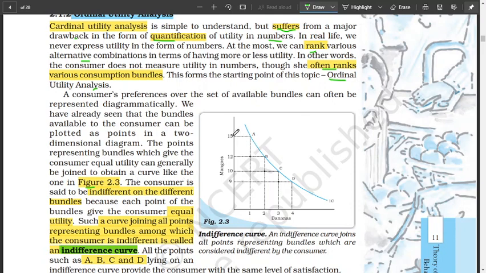If you look at the figure, you'll see that there are different bundles that give the consumer the same satisfaction. A combination of 15 mangoes and 1 banana gives the same satisfaction as 12 mangoes and 2 bananas.